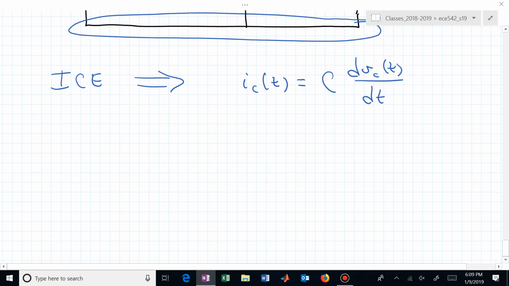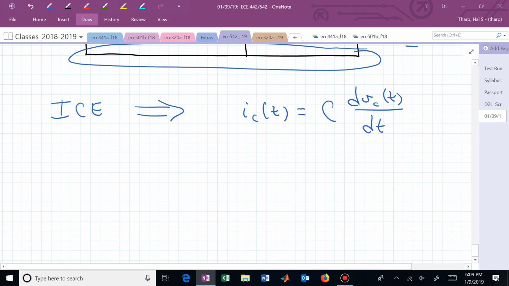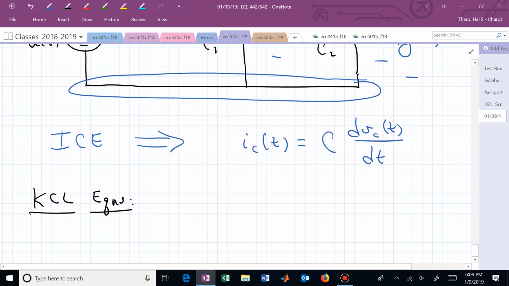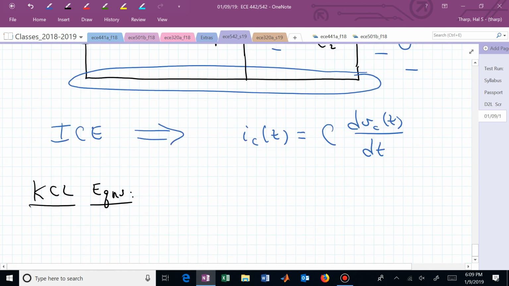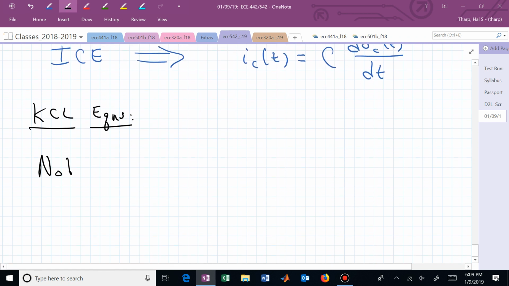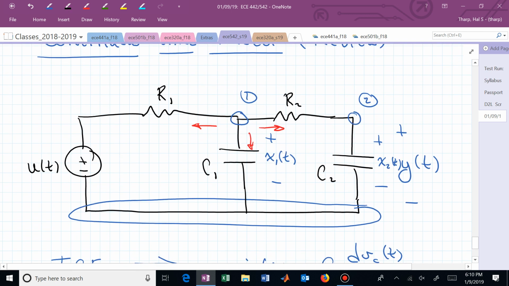So let's now write KCL equations, the one at node 1, and now I'm looking for three pieces to come up with the dynamics associated with a part of this electric circuit.